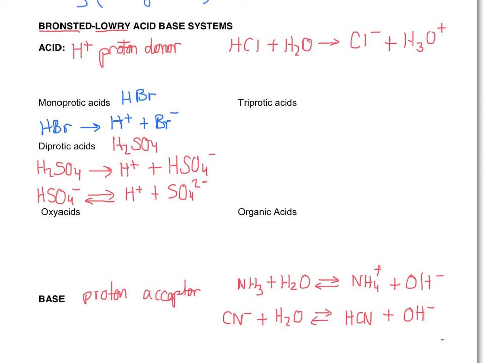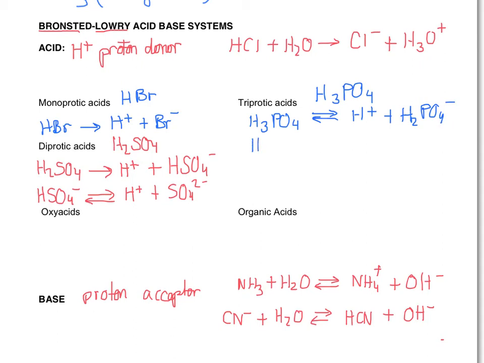Next is triprotic acids. Triprotic means they have 3 protons. So H3PO4, for example, has 3 protons in it. H3PO4 is a weak acid, so double arrow. It dissociates into H plus and H2PO4 minus.